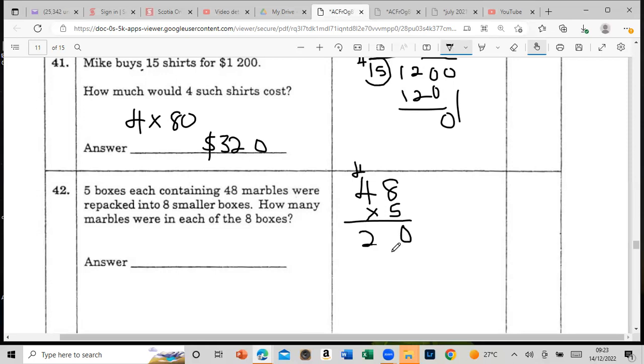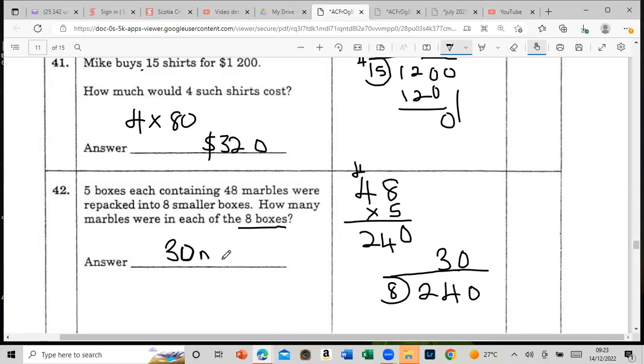So we have a total of 240 marbles. But now we're going to put them in 8 boxes, so we're going to divide it equally. So it's 240 divided by 8. 8 into 2 you can't, 8 into 24 is 3. So that's 30 marbles in each box.